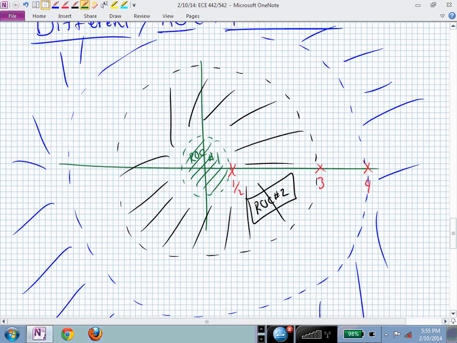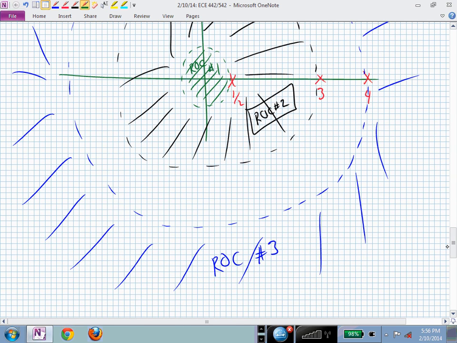Any poles that are outside the region of convergence are going to be non-causal in their time domain behavior, the mode associated with that pole. I needed to scroll back up here to see what color I'm on next. Let's move on to region of convergence number 2, which is the black region.